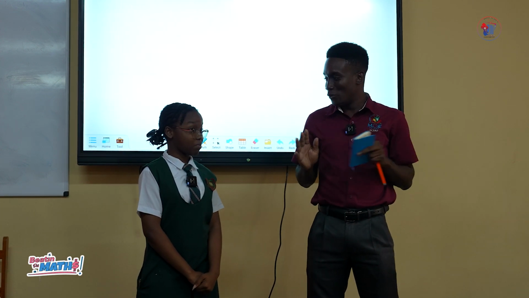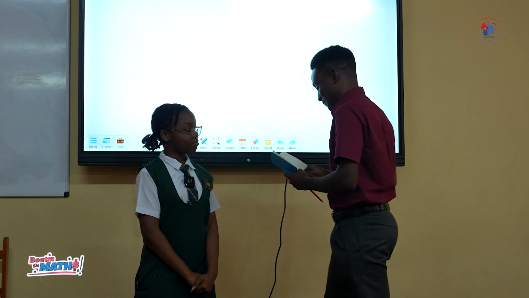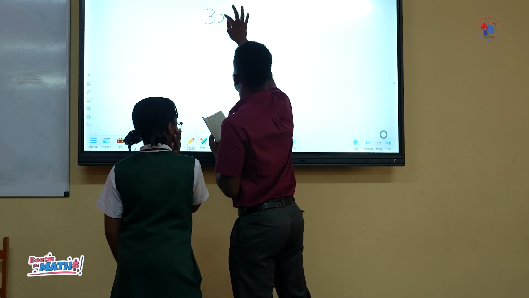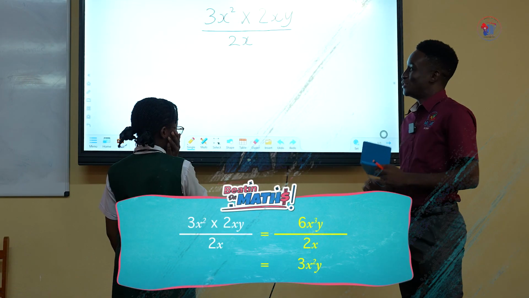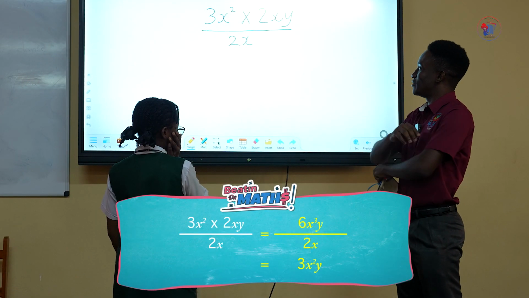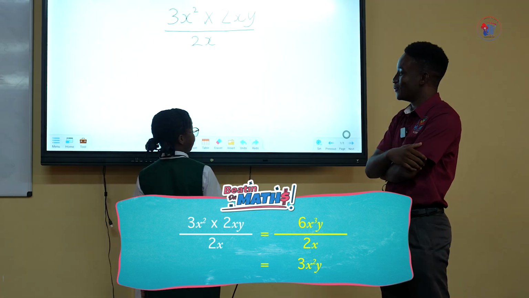All right. So I'll give you one question to see if you really beat this maths or this maths has beat you, right? One simple question. So you're asked to simplify that: 3x squared multiplied by 2xy all divided by 2x.